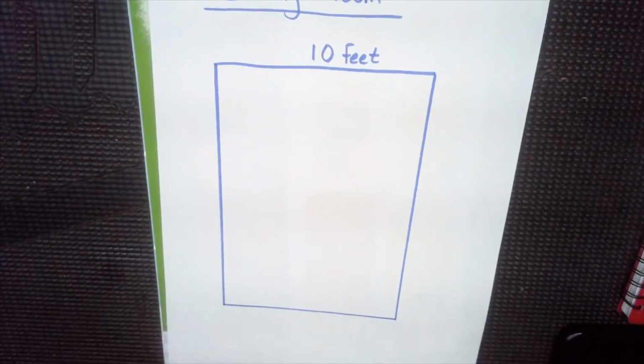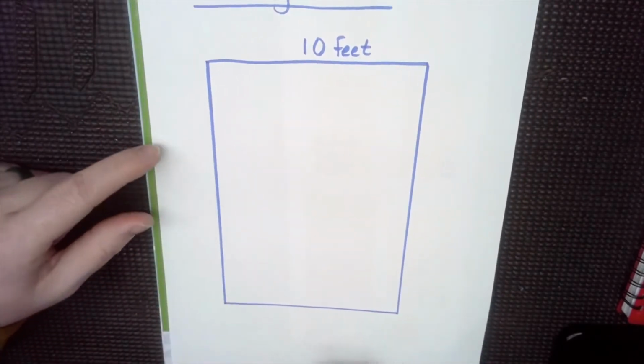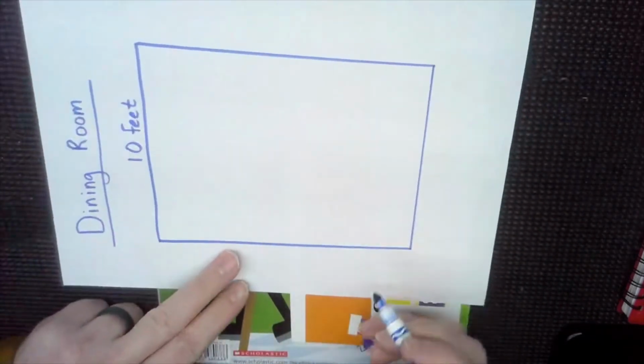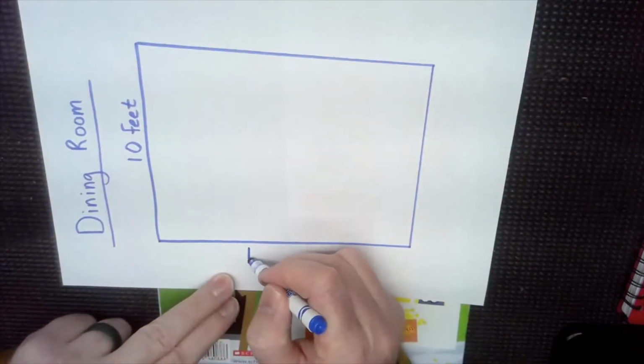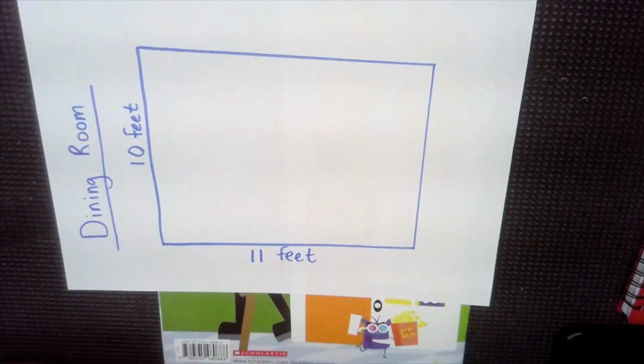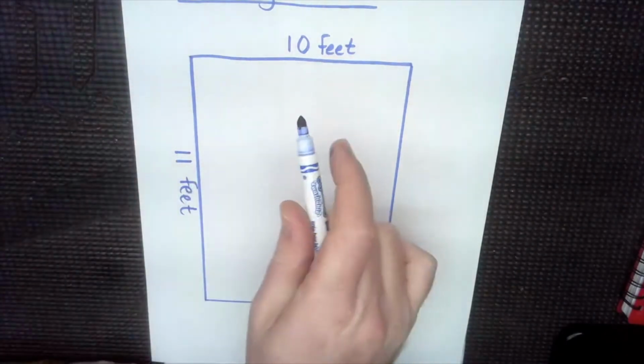Now, it's not important that your picture is perfect, but you do want it to look pretty straight. So this side, and I'm going to kind of turn it this way, was 11 feet long. So now I've got my length and my width.